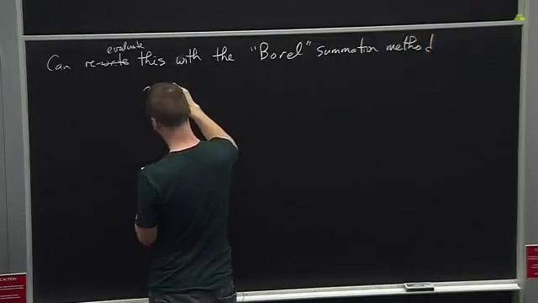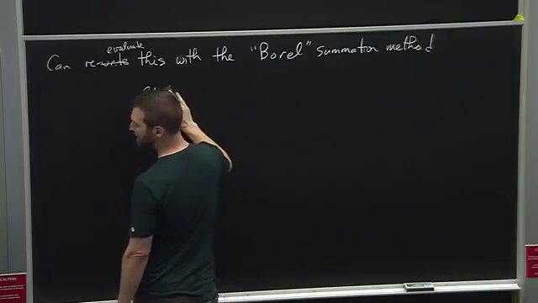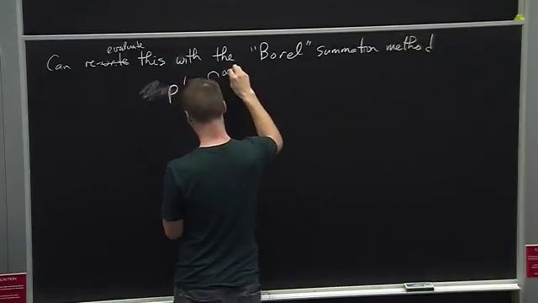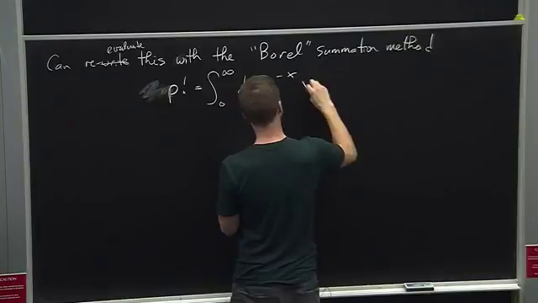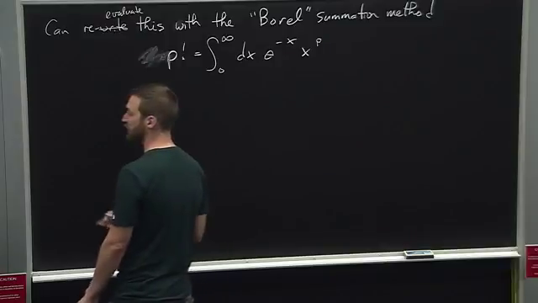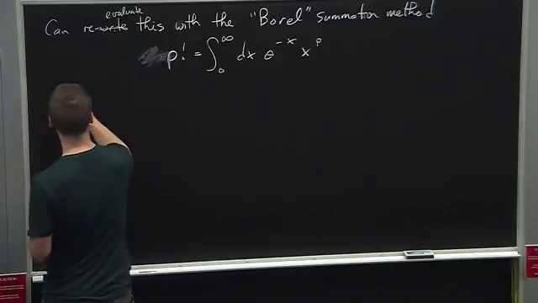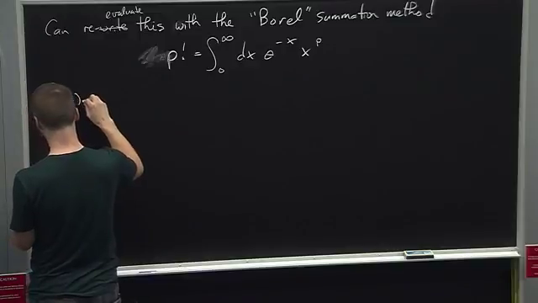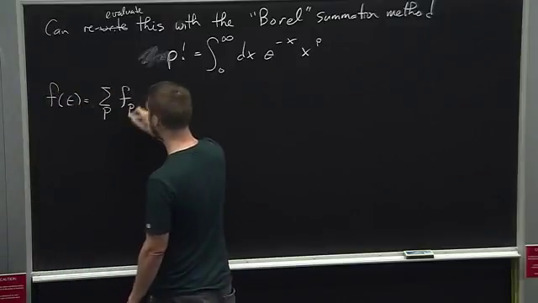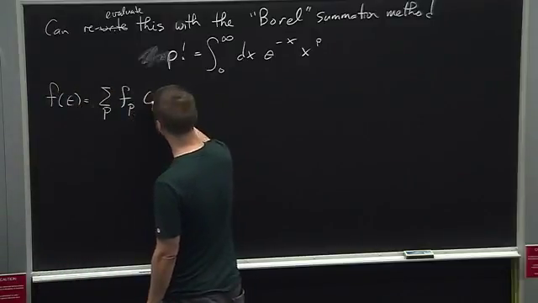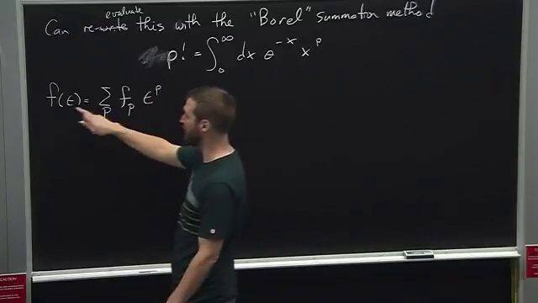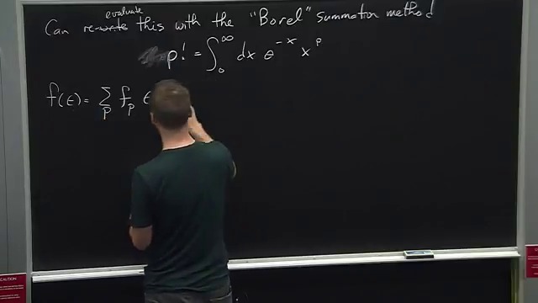And you just use some identity. I want to write that factorial. So then the expansion coefficient as a function of epsilon is summing up all the powers of epsilon. Okay, so this is my quantity.